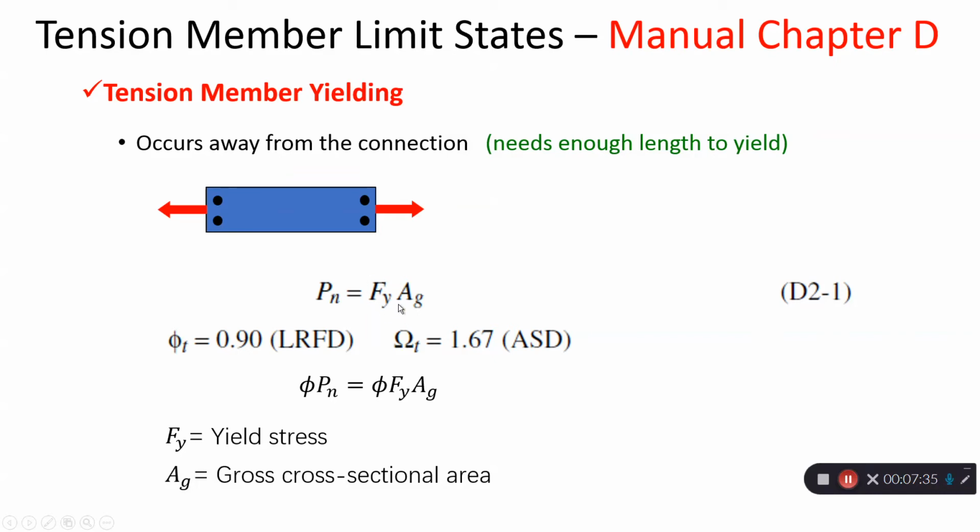Fy is the yield stress and Ag is the gross cross-sectional area. That's why we use the gross cross-sectional area. And note that phi is called the resistance factor.